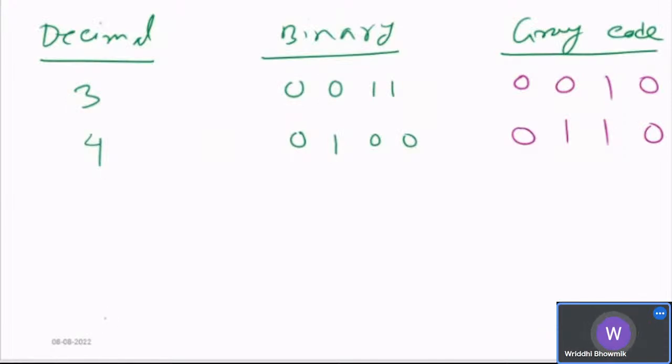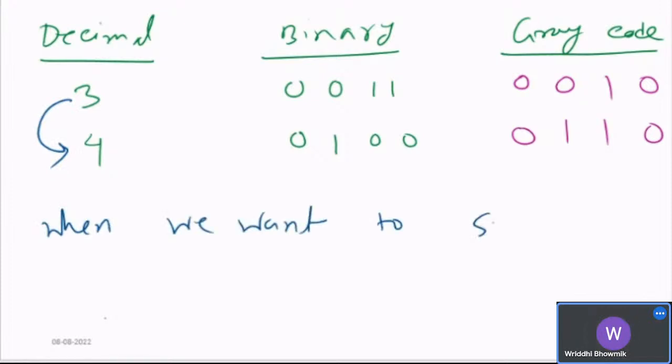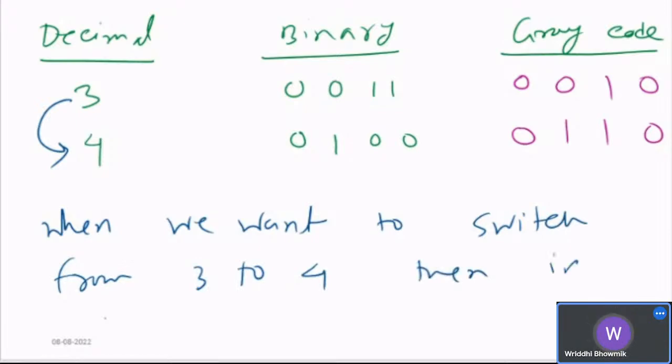Now you see, when we want to switch from 3 to 4, then in binary, you see how many switchings you need.